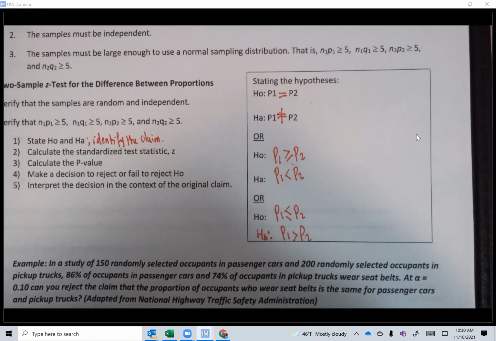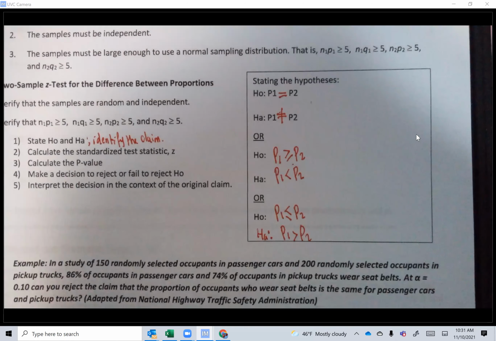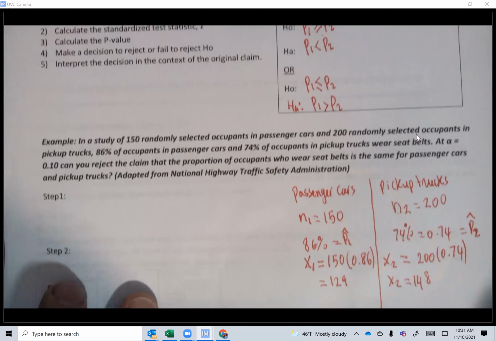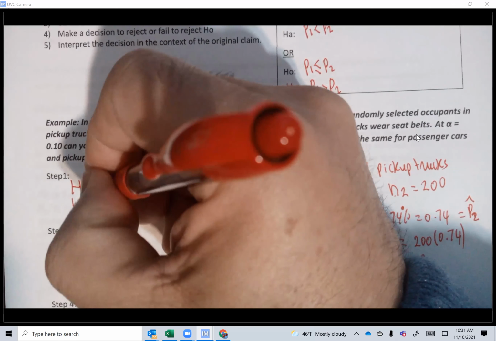Can you reject the claim that the proportion of occupants who wear seat belts is the same for pickup trucks and passenger cars? What does is the same mean, guys? What sign? Not equal to. Yeah, it's going to be this. Just have to have common sense, guys, and just read it.